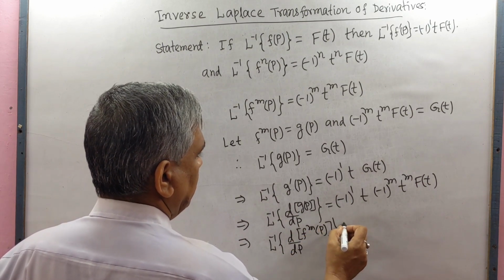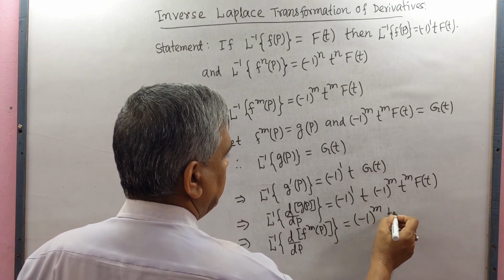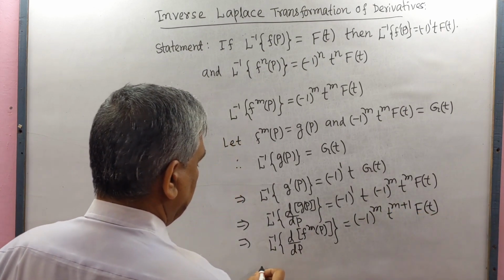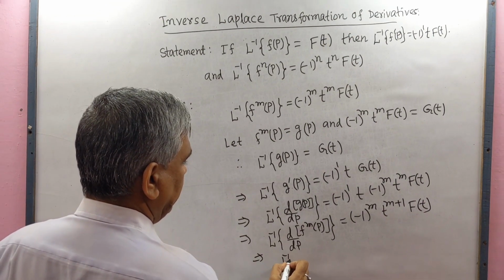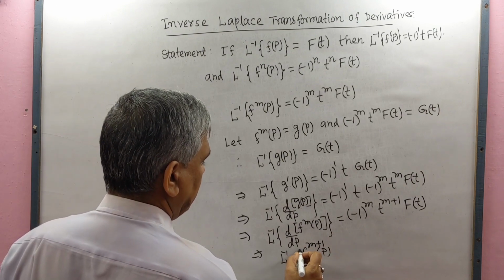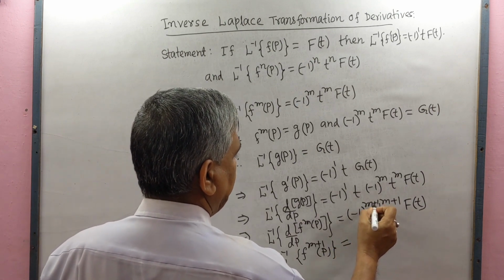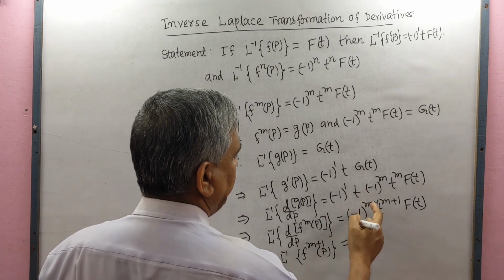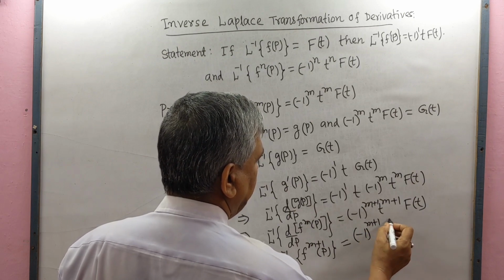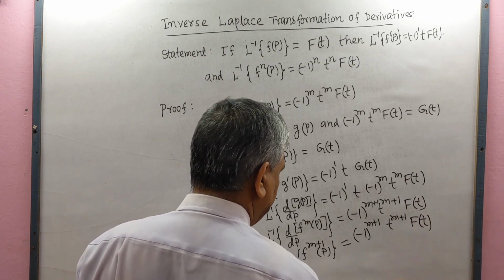This equal to minus 1 to the power m plus 1 t to the power m plus 1 f(t), implies that L inverse F(m plus 1)(p) equal to minus 1 to the power m plus 1 t to the power m plus 1 f(t).